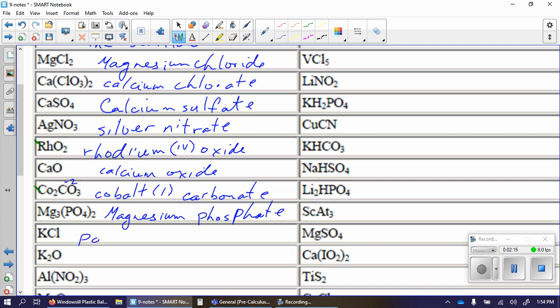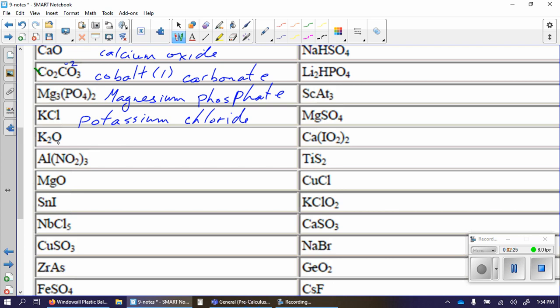Potassium chloride. Kind of like salt, but not really. K2O is potassium oxide.